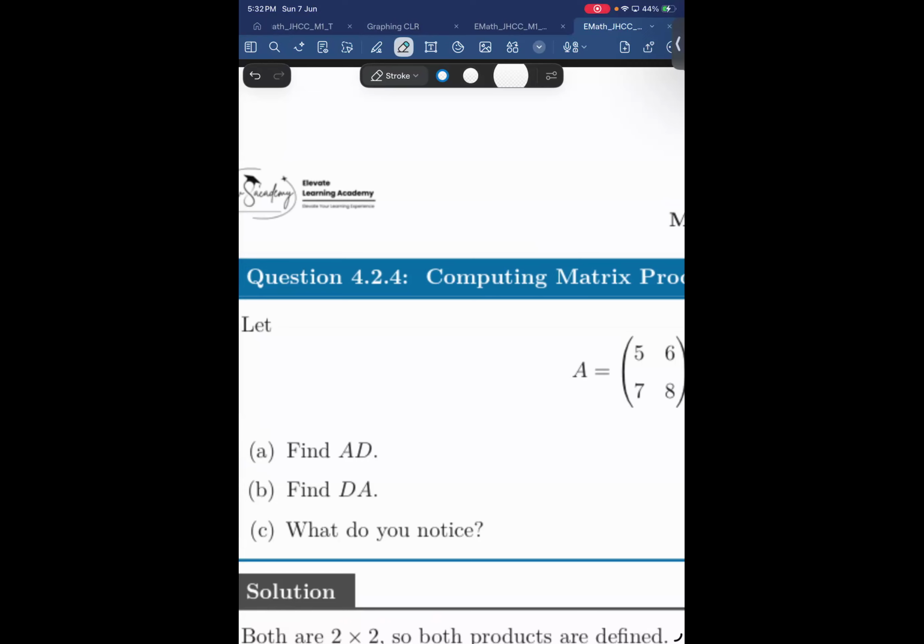Okay, then what do you notice? You see, it's really just to check whether they're equivalent or not. Okay.